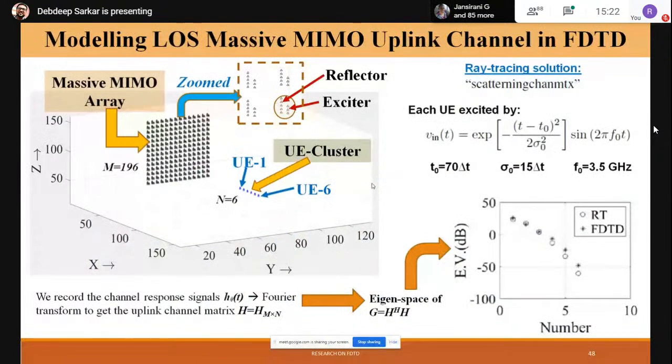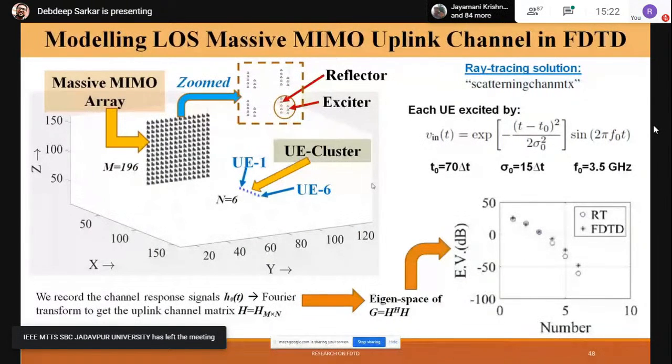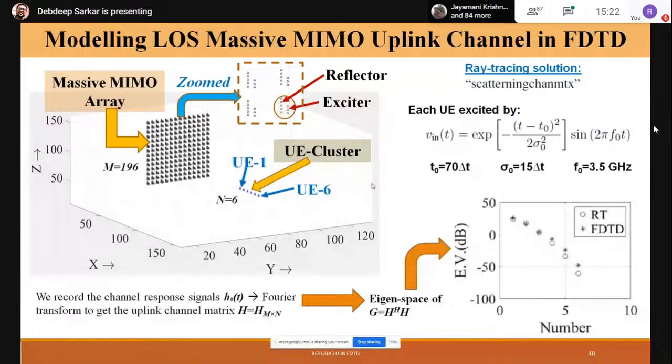But what I attempted was this: we know that for channel modeling in these massive antenna arrays, people have well-established tools like ray tracing. I was learning a little about that, and then I thought, why not, since the amount of computing power in our systems and the memory are getting amplified day by day.